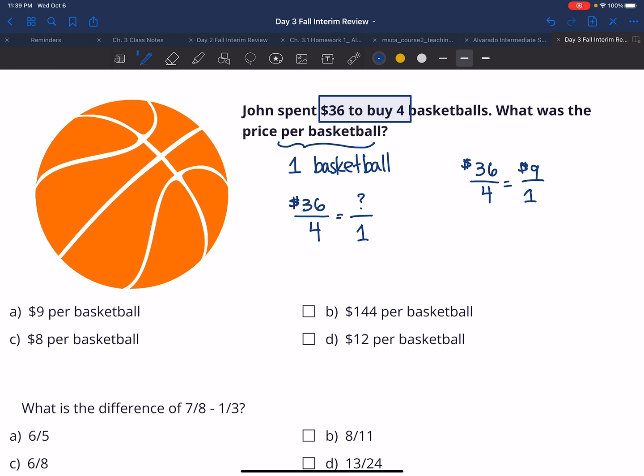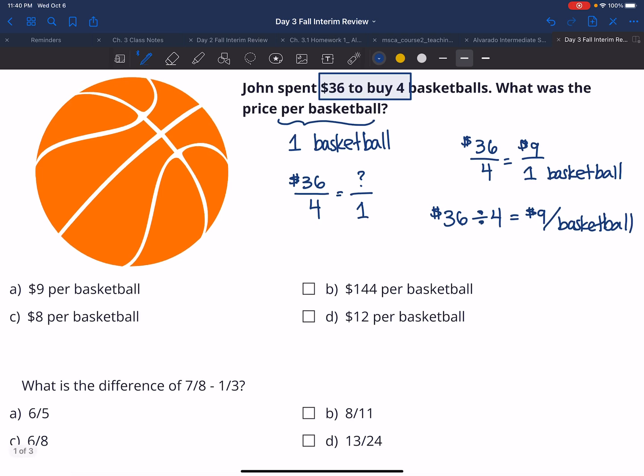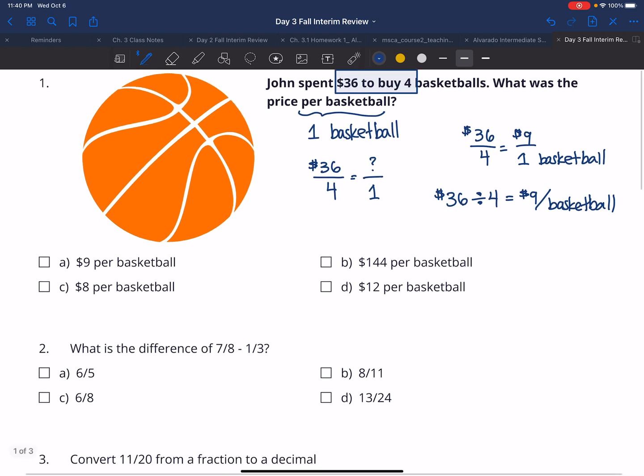The bottom number represents basketball. Okay, I'm taking 36 divided by 4, basically. I'm gonna write it another way. 36 divided by 4 is equal to $9 per, and that's the per, you say. So there's a couple of different ways that you can set this up. Alright guys, and that's number 1.